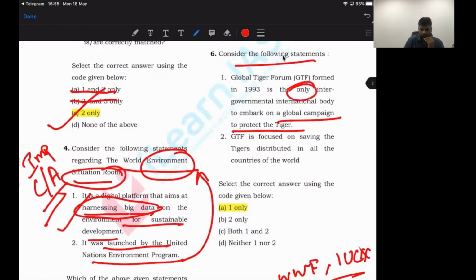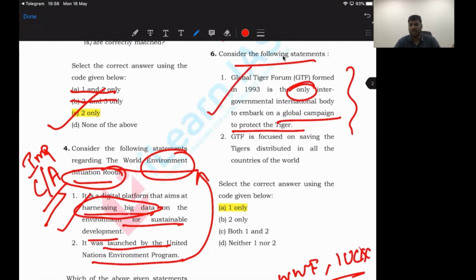What is it? Only. If you go with that technique, you may get it wrong. But I always told you that if you have the fundamental knowledge, you have to keep it before the technique. If you have any cemented knowledge, you should go with the knowledge rather than the technique. So in fact, this particular statement is correct.